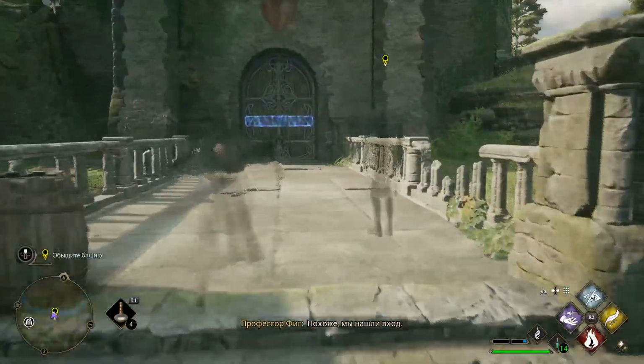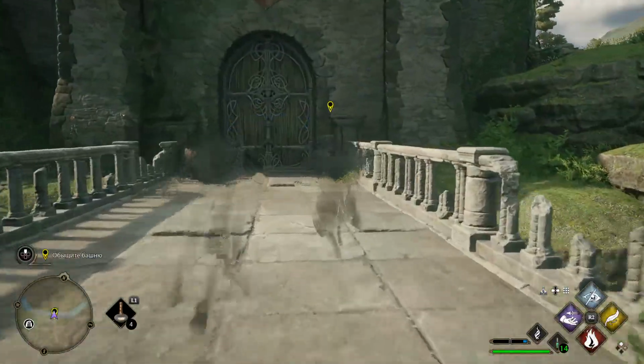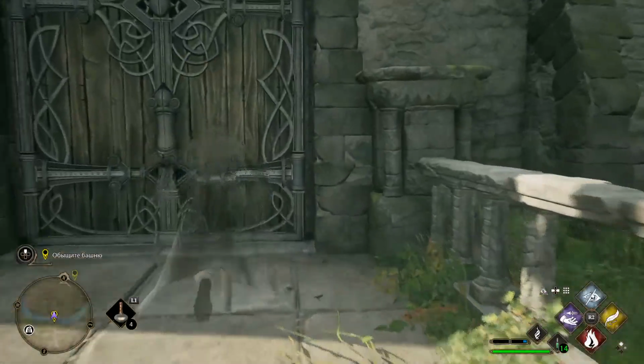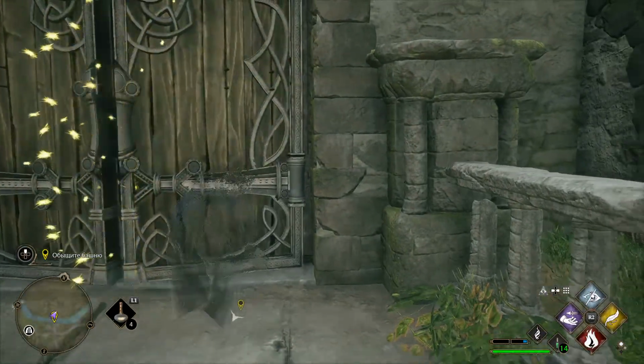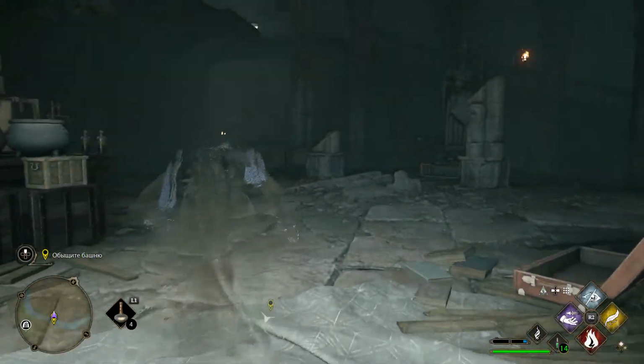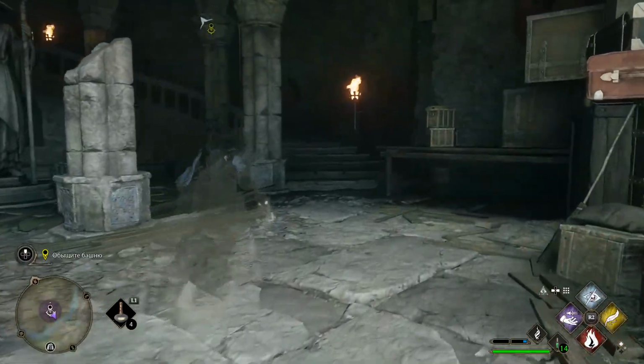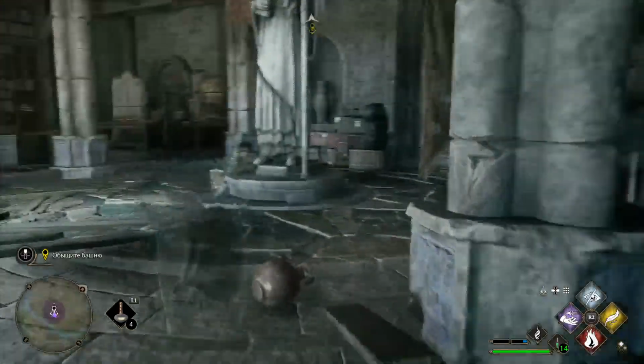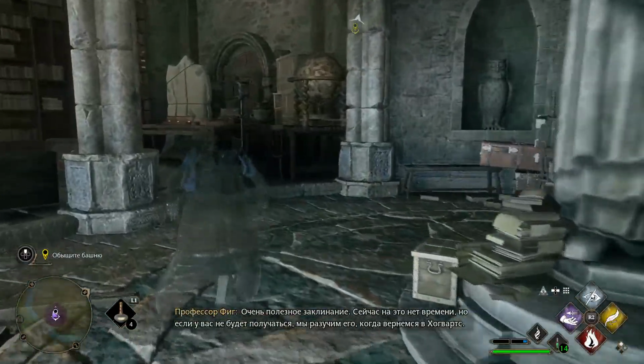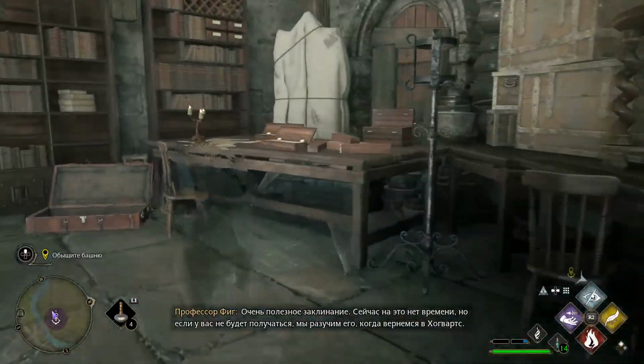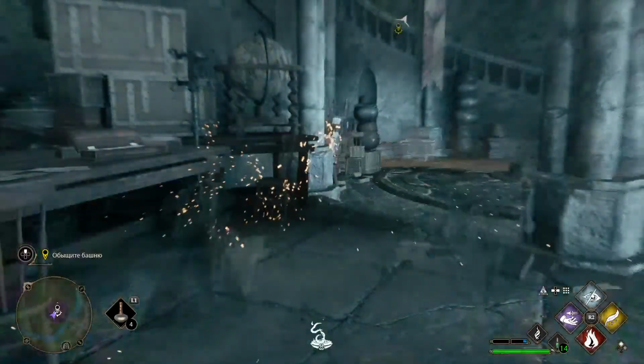Looks like we found the entrance. It's locked. An unlocking charm. Very handy. No time now, but if you don't learn it soon enough, we can work on it back at the castle.